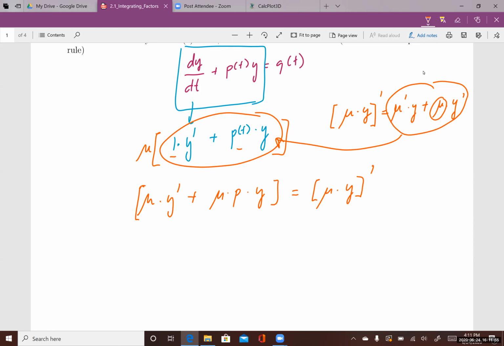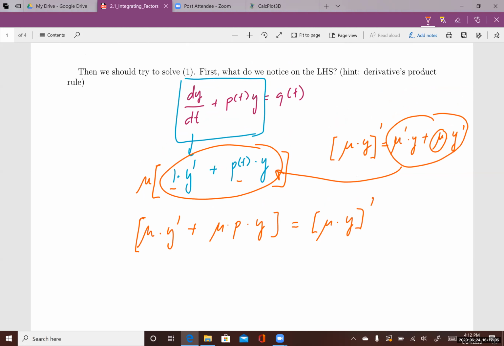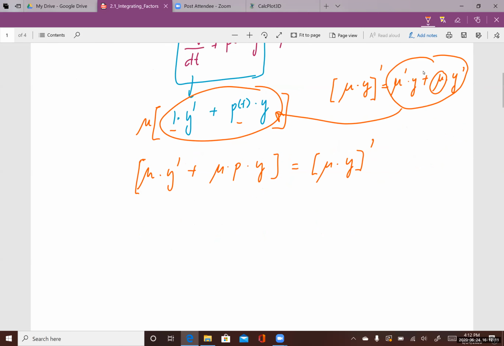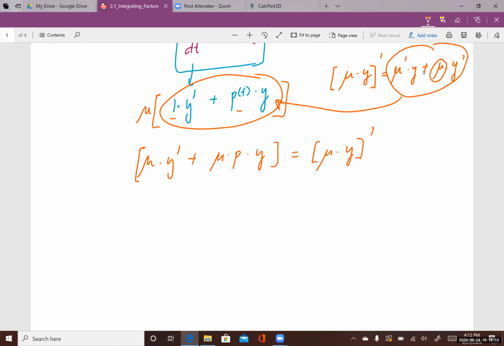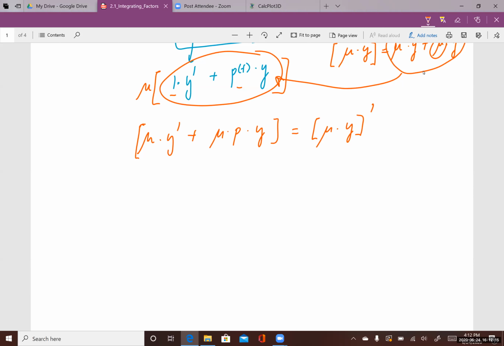Once I force these two to be equal to each other, and once I can find the function mu that satisfies this equation, then I can multiply mu to both sides of this equation, and then I can try to solve this differential equation. All right. So the next question is, can I find mu so that mu will satisfy this equation?